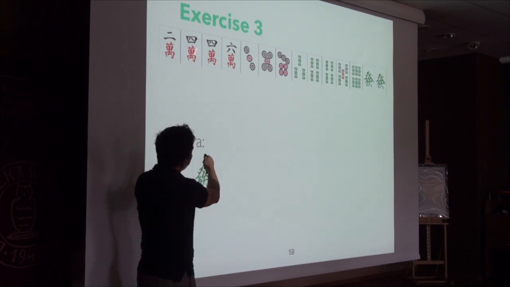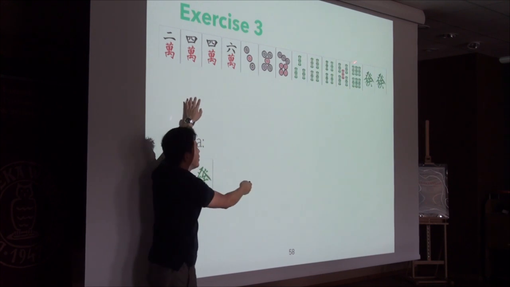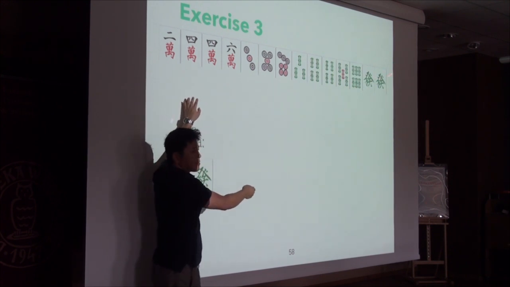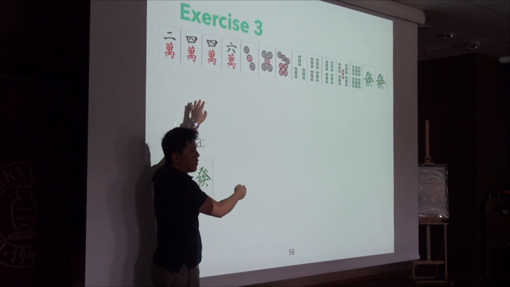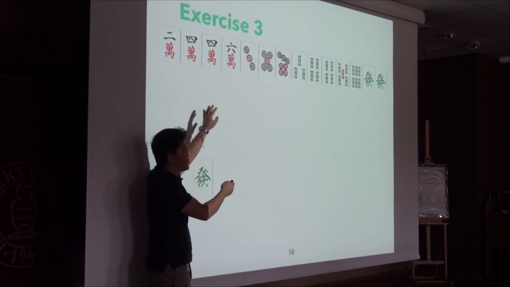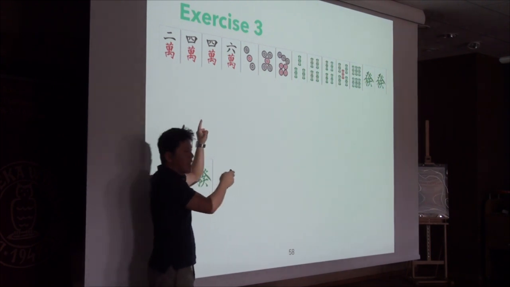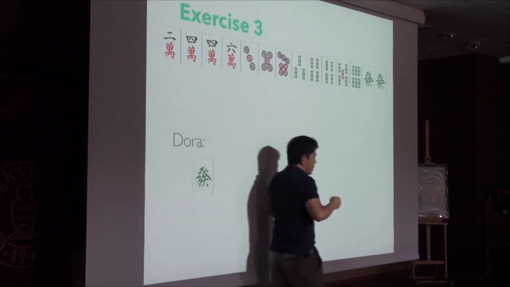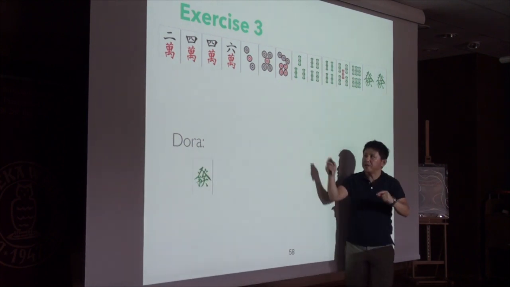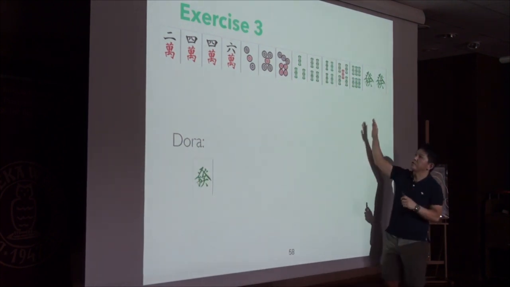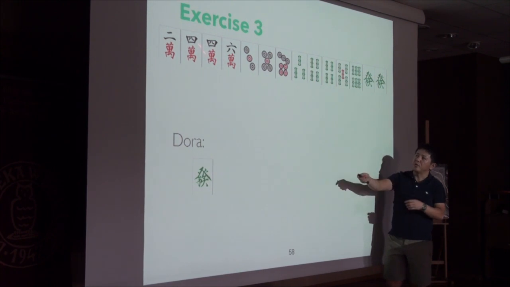But discarding 4 means that you will lose a pair when you pawn green dragon, right? So you may not want to do that. You may want to keep two pairs, right? The value of pair is maximized when there are exactly 2 pairs in hand. So you may not want to discard 4.